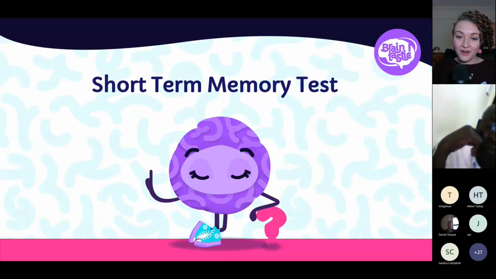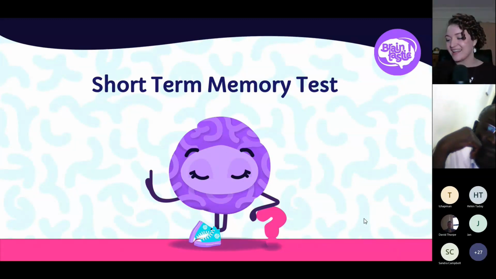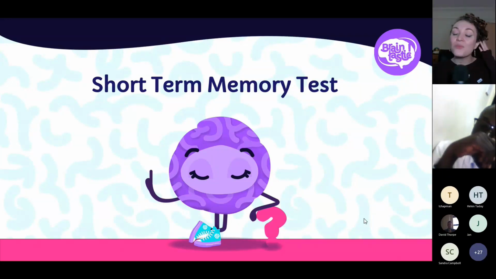Before I move on, did anyone notice that they were doing anything during that first gap in order to keep it in their brains? Did anyone have any techniques? Repeating the letters. Yes, exactly. So that's a really common thing that we do. Sandra was trying to make a word.